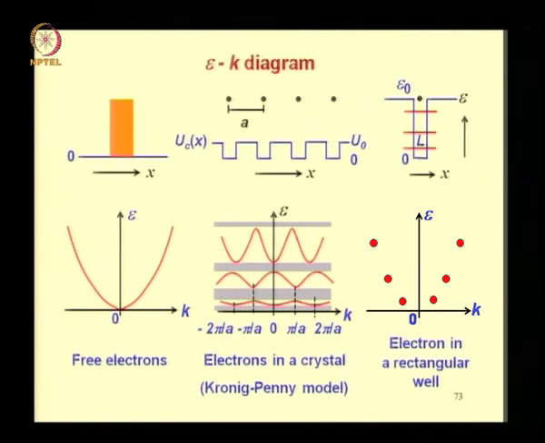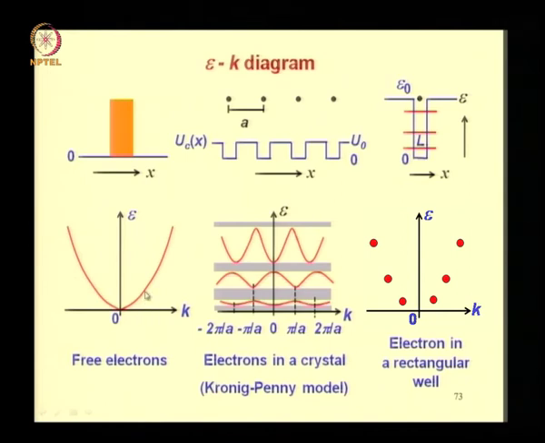Another important thing is, for any given k you have multiple values of energies allowed, whereas here, for example, for any k there is a single value of energy. For a given value of energy, of course, there are two values of k, one on the positive side, the other on the negative side. But for any given k there is only one energy. The same is true for the free electron.